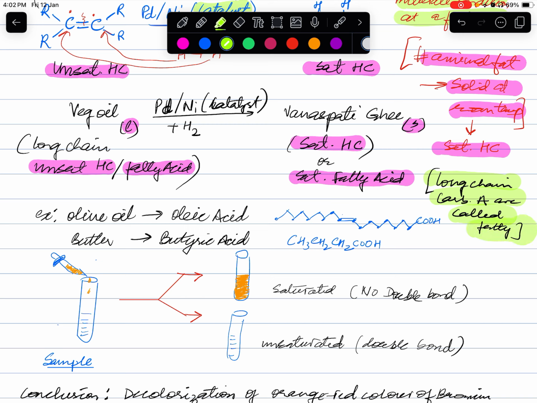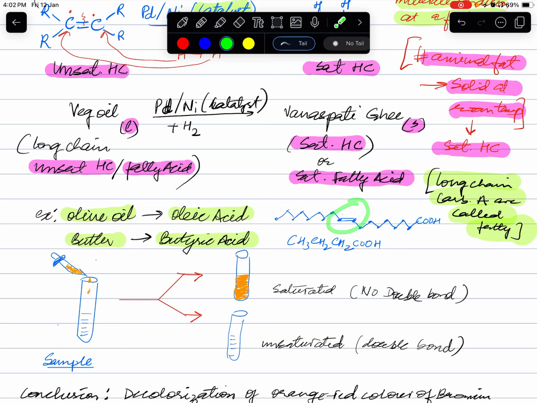So I have written here two examples. For example, olive oil contains a fatty acid called oleic acid, while butter has a fatty acid, butyric acid. Now have a look here at their formulas. In the case of oleic acid, we have a double bond here.